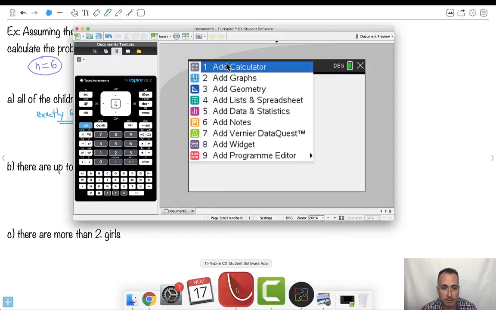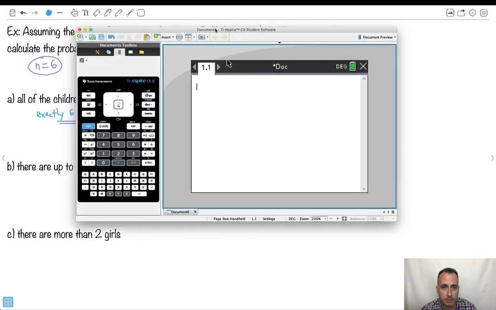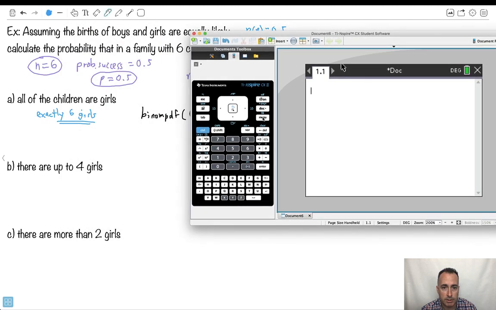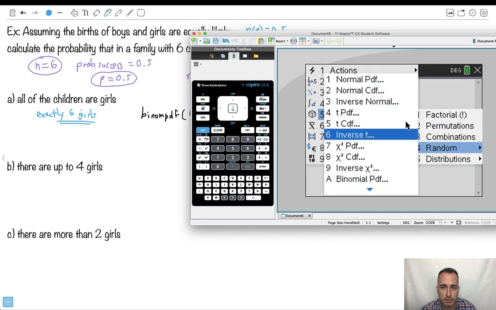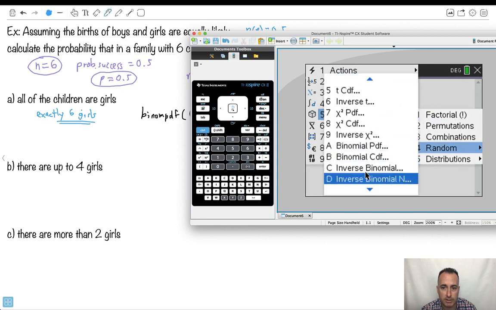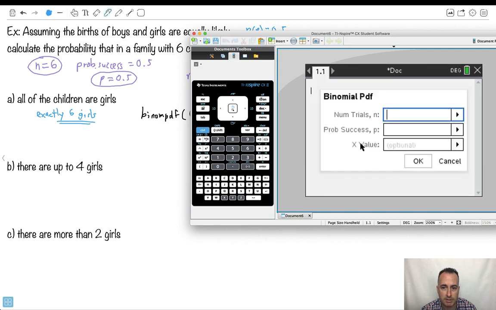So let me get out my good old calculator. I'll go to menu, then probability, then distributions, and I can scroll down. Can you see this binom PDF there? Number of trials, 6. Probability of success, 0.5. The x value, in this case instead of r they call it x, but it's still fine, it's 6.